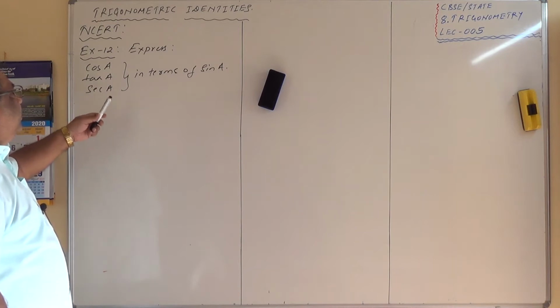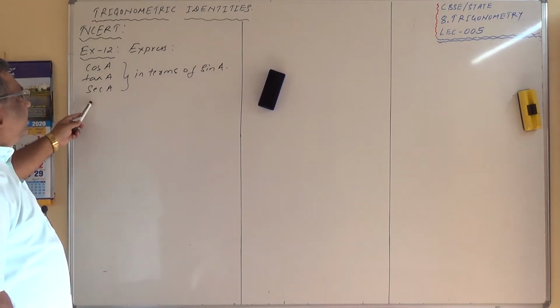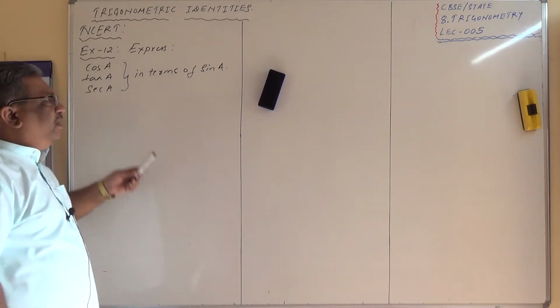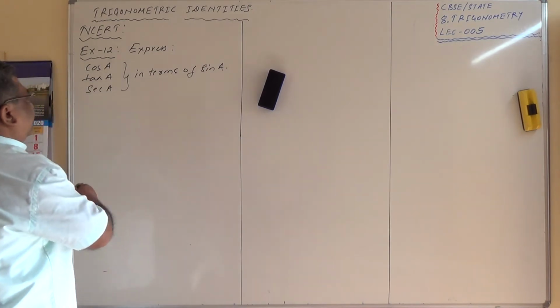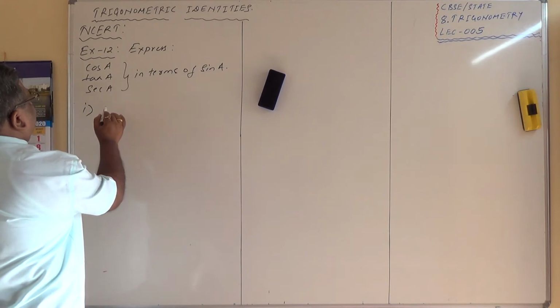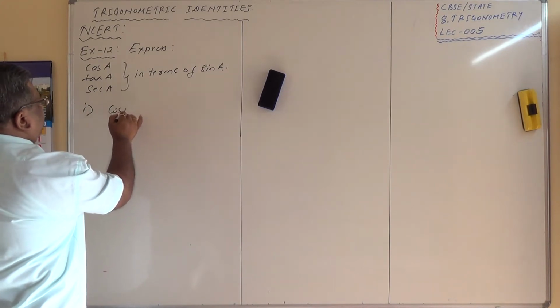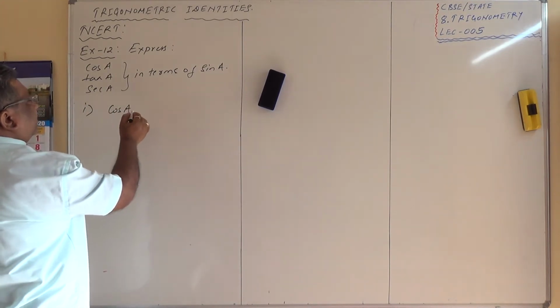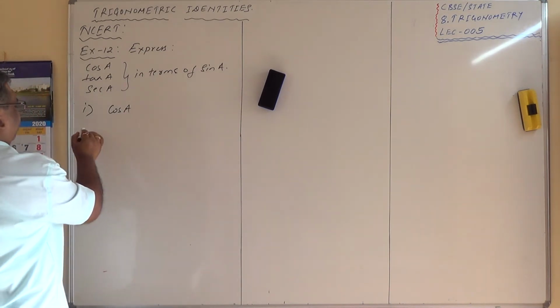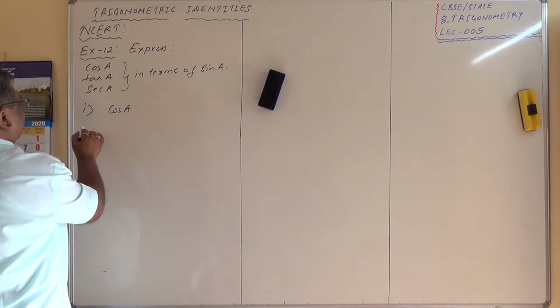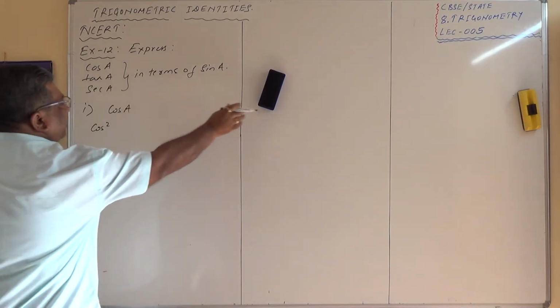Example 12. Express cos A, tan A and secant A in terms of sin A. All these ratios must be expressed in terms of sin A. So let us see the first one, cos A. How to express cos A in terms of sin A is the question.